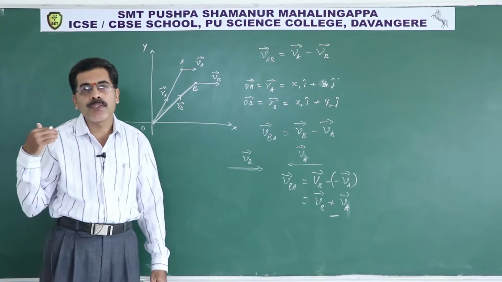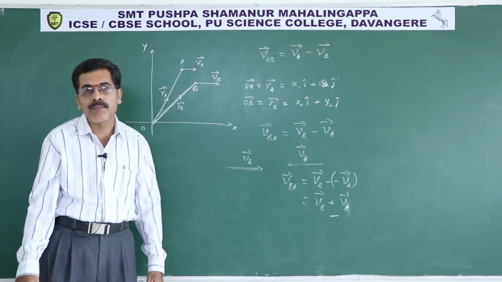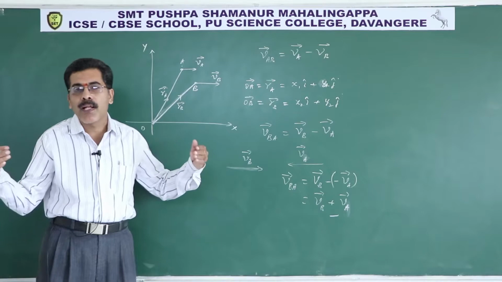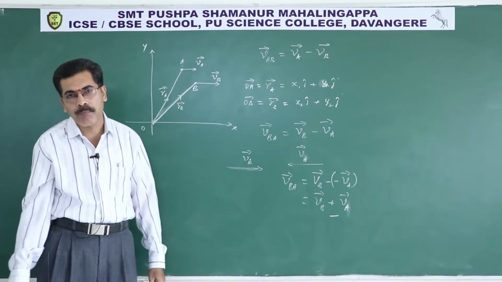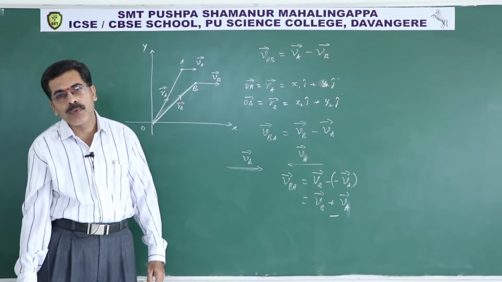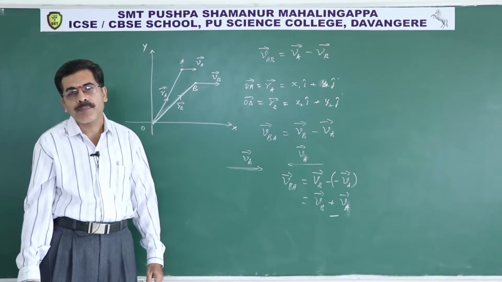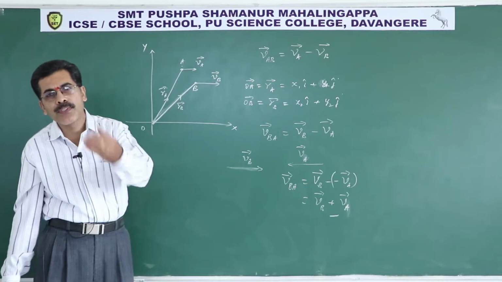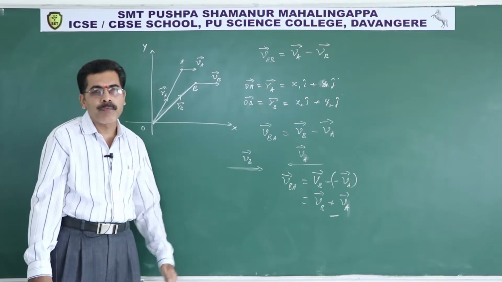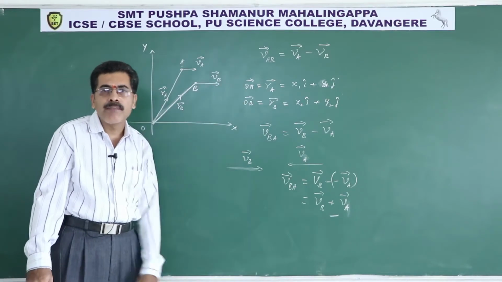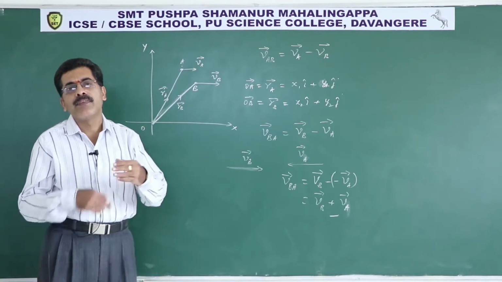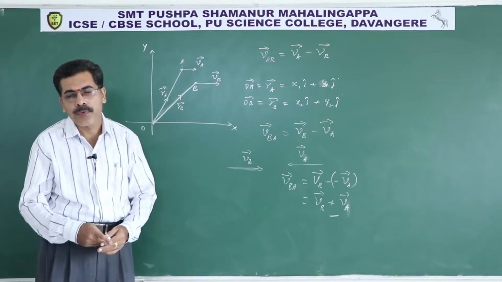If the boat is moving upstream, then both the velocities get added up. If it is moving downstream, then the difference will be taken. We will come to that situation later. Therefore, the concept of relative velocity plays a very important role in considering different situations of motion.